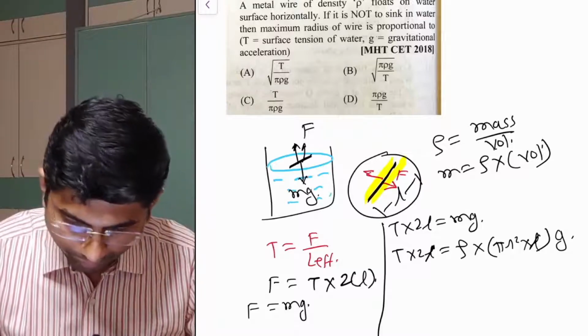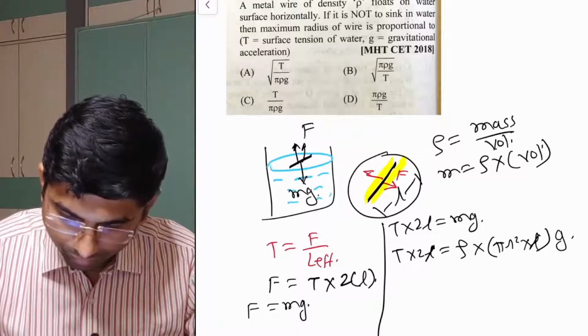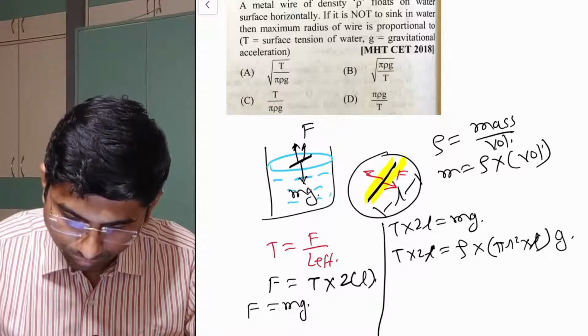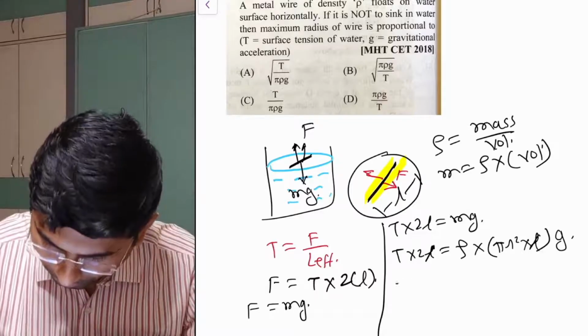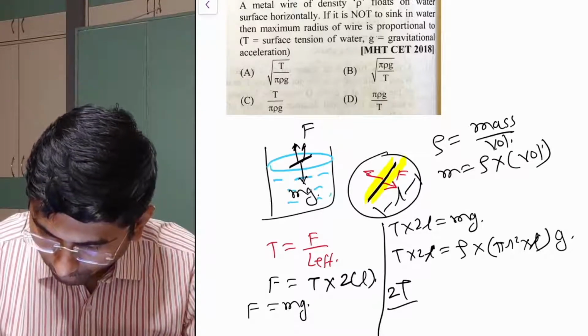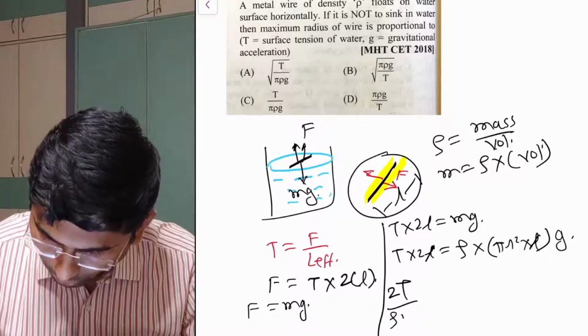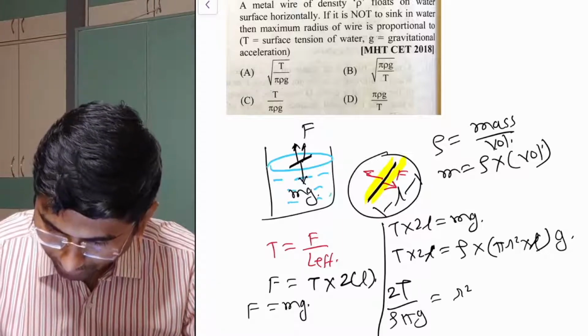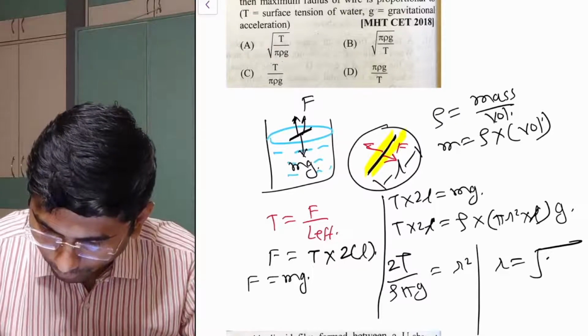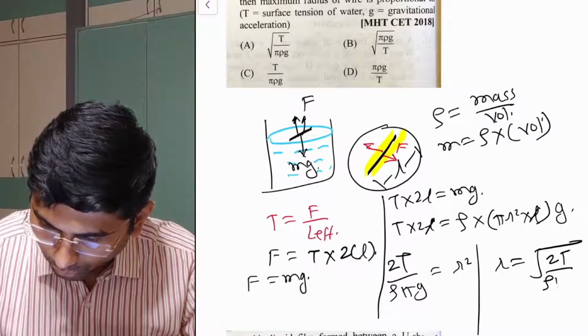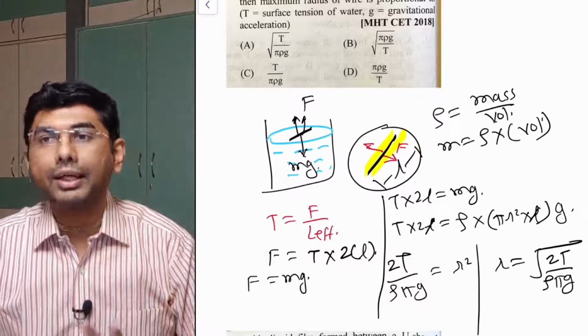Now the value of R is to be found out. 2T upon rho pi G is equal to R square. Therefore the answer will be R is equal to under root of 2T upon rho pi G. That's the answer which I am getting.